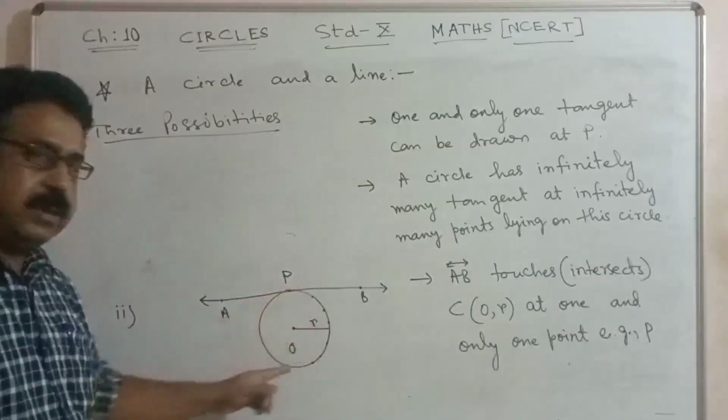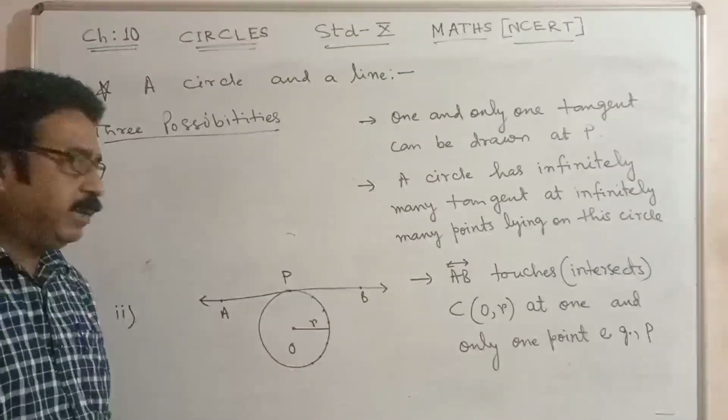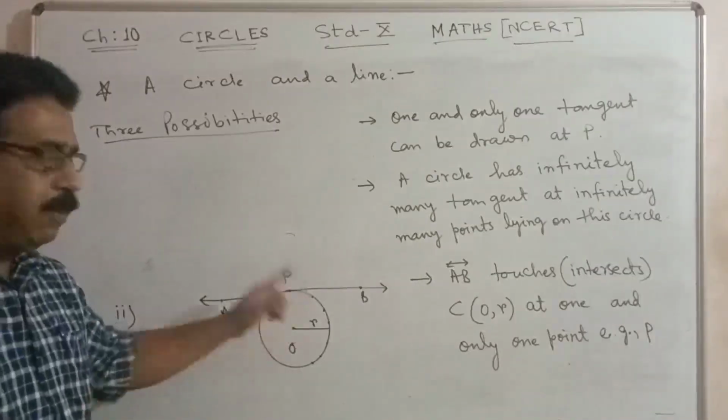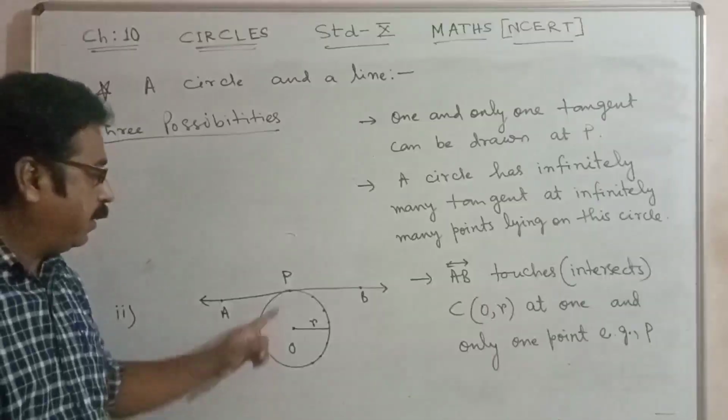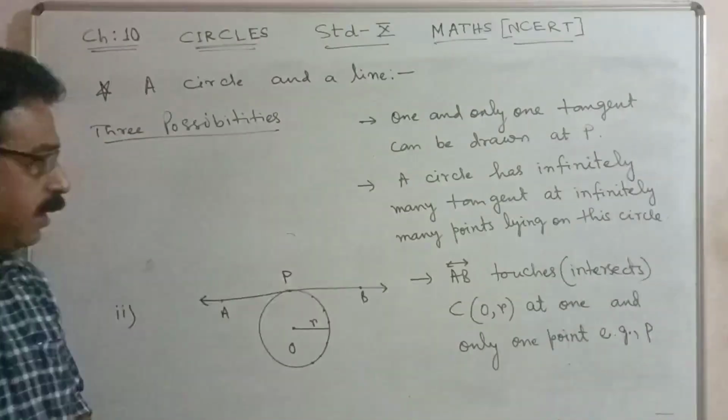Infinitely many points are there, so infinitely many tangents we can draw. But for a single point, we cannot draw more than one tangent. One and only one tangent we can get.